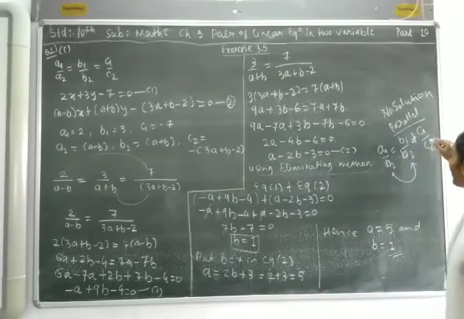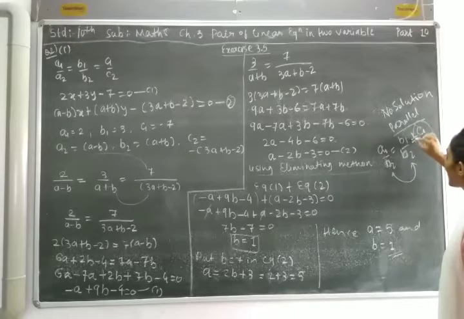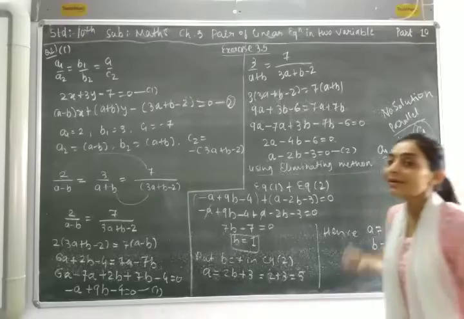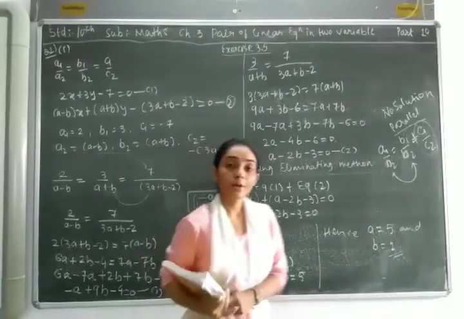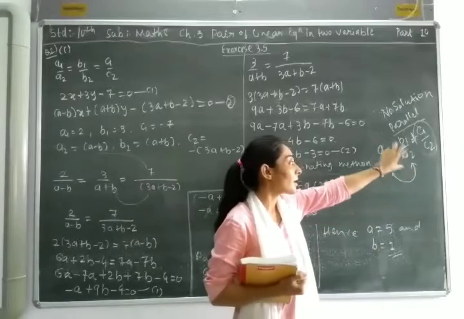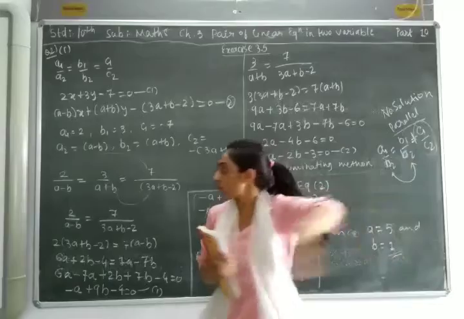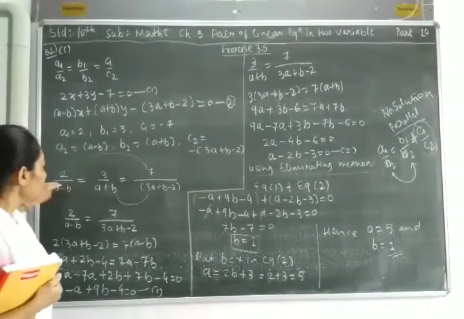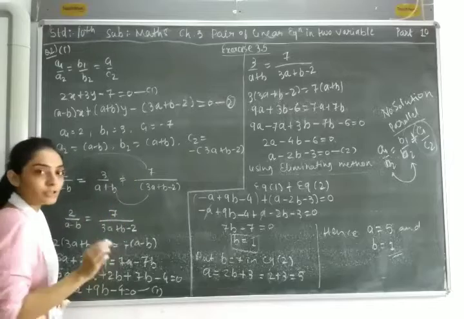Why are we not comparing with this one? Because for no solution, you have to do it in your homework. While comparing, you have to compare these two ratios only. It means you have to write it this way, and this one, my constant, is not equal to 0.